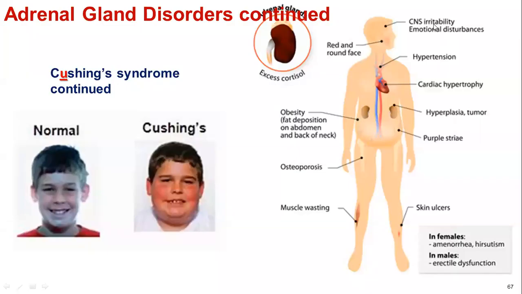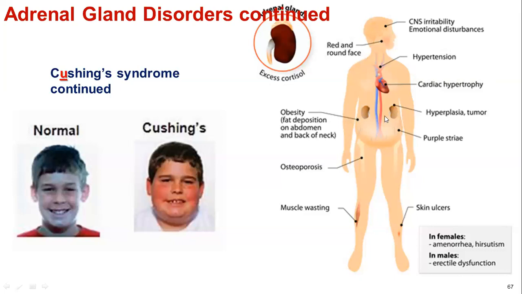So central nervous system irritability, hypertension, but in Addison, hypotension, cardiac hypertrophy, hyperplasia, right? Or some striae on the lower abdomen, skin ulcer, muscle wasting, osteoporosis, and obesity.